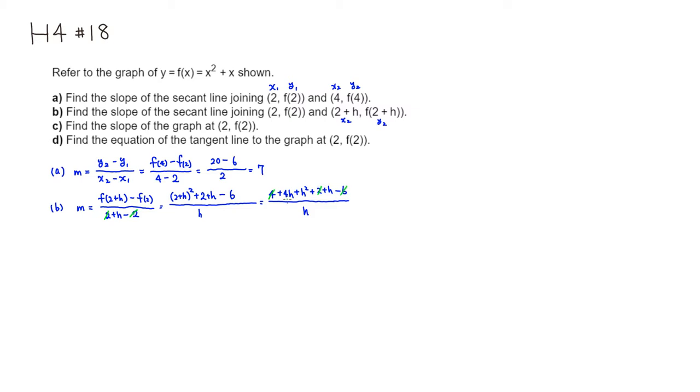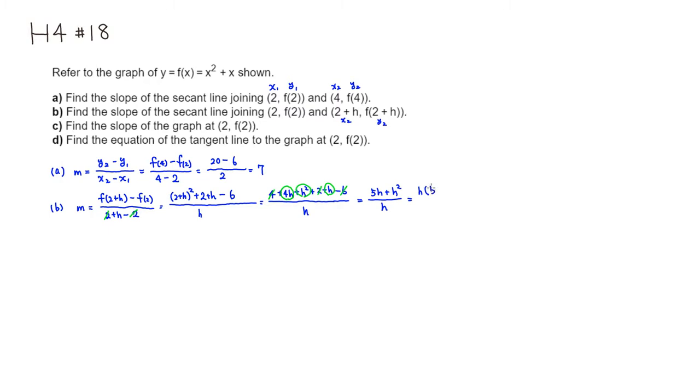Then I'm going to combine 4h and h, so we'll get 5h. Then you have h squared, so we have plus h squared, all over h. Since h is common in both terms on the numerator, I'm going to factor it out.